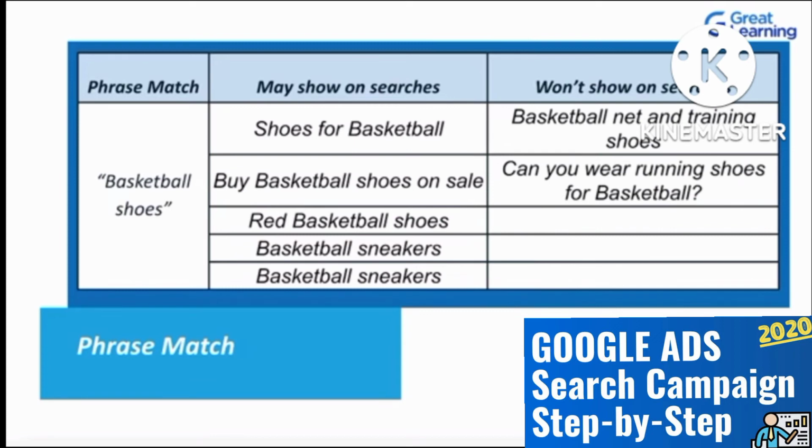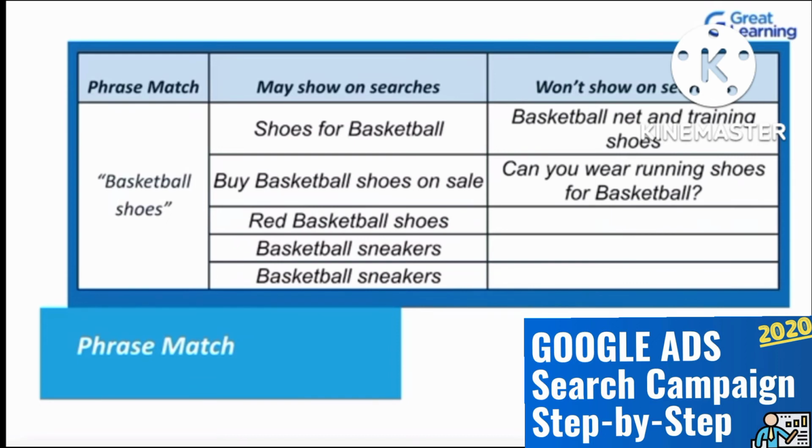So here the keyword we have used is basketball shoes. So you could be someone who's selling basketball shoes and you're targeting keywords called basketball shoes. So here, Google will show ads on something that is similar to basketball shoes as well. So shoes for basketball, quite similar, right?